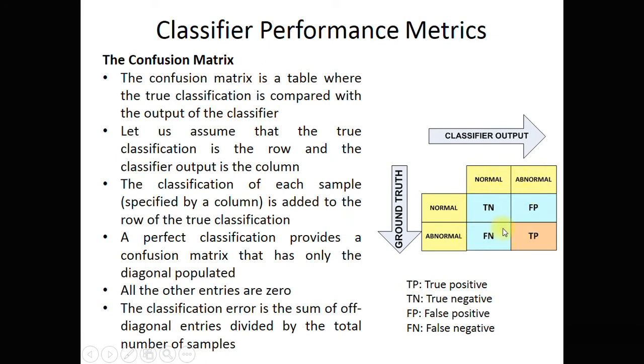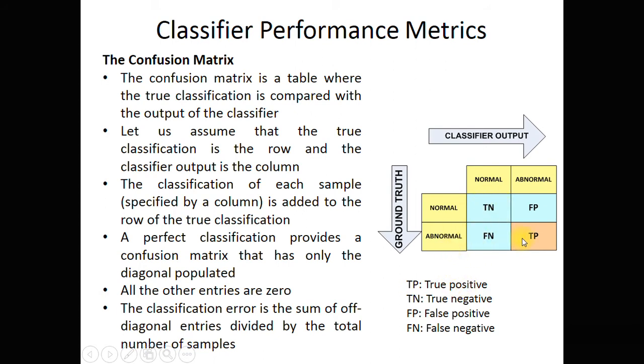This matrix will then tell you the result. Let us say 200 exemplars correspond to normal, and the classifier correctly classifies all 200 of them. The ideal output of an ideal classifier is a diagonal matrix, where you will have all 200 here, and for abnormal you have 200 here. From the perspective of abnormal, this becomes the true positive. If it is the perspective of normal, this would become the true positive, TP.